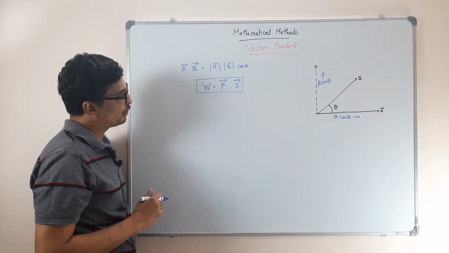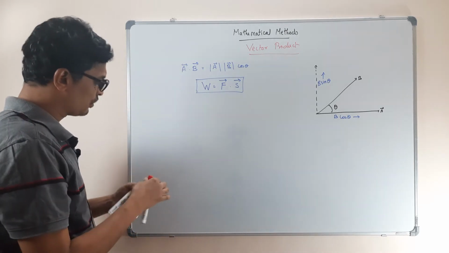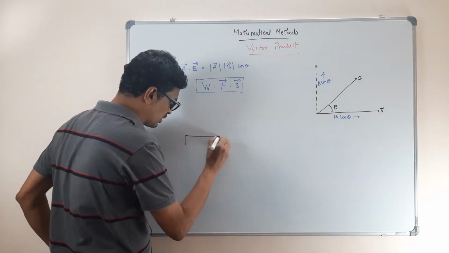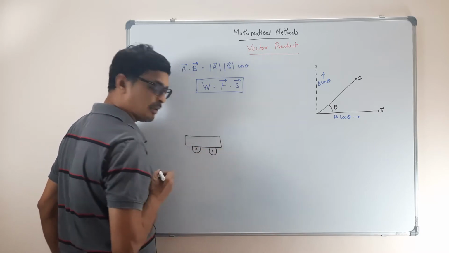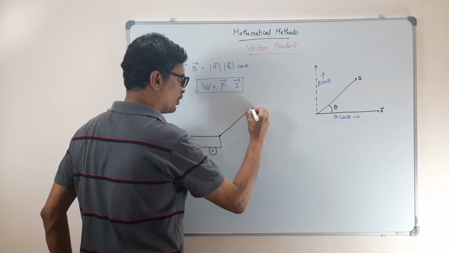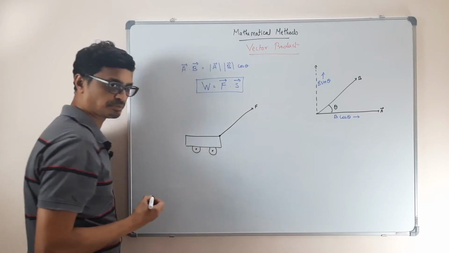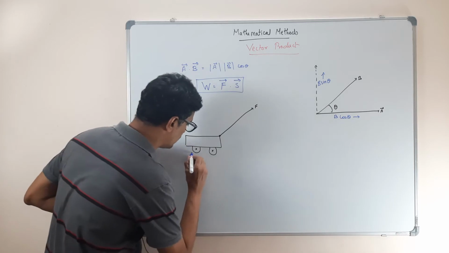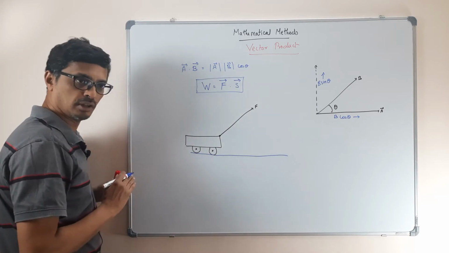And this is very interesting. There is one example in your book, a simple example. Suppose you have a cart with a wheel, and there is a rope, and you are going to pull this rope at a certain angle, in direction F. This is the road or the platform, whatever you call it.